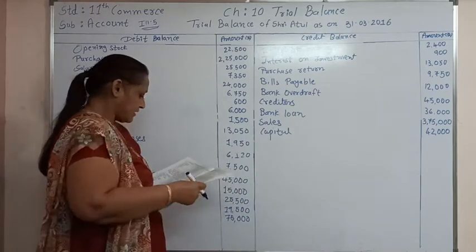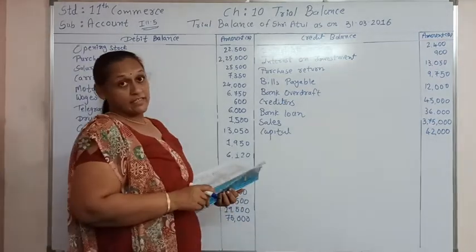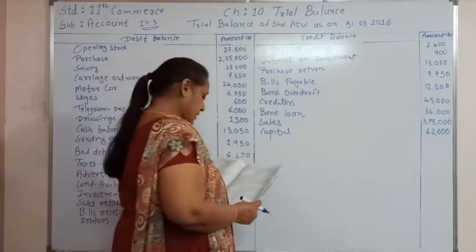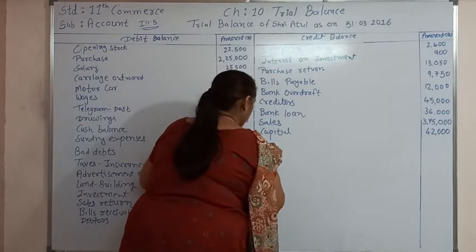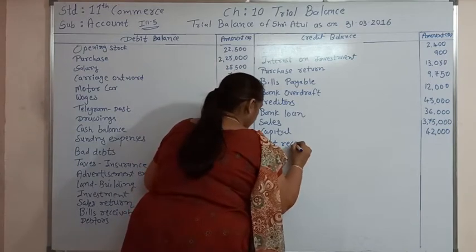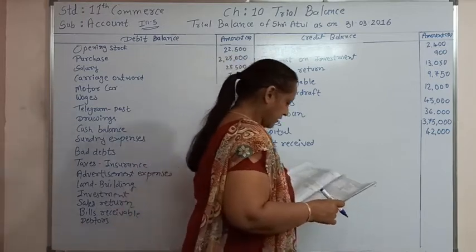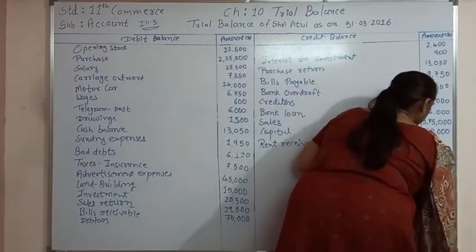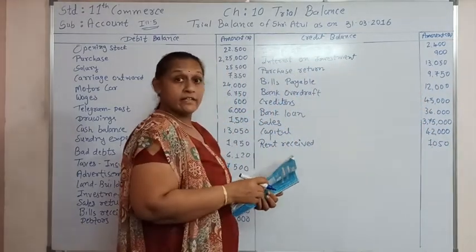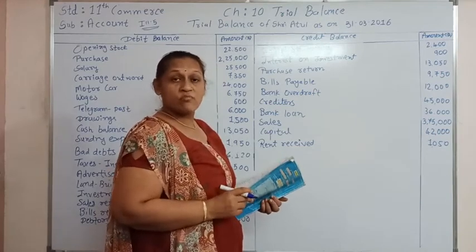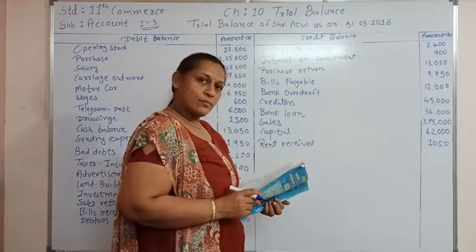After debtors, another account is a rent received account. So we will write that on the credit side as it is an income of the business. So rent received is of rupees 1,050. After rent received, another account is interest on loan. So interest on loan means we have paid interest on loan, and it is an expense to the business.